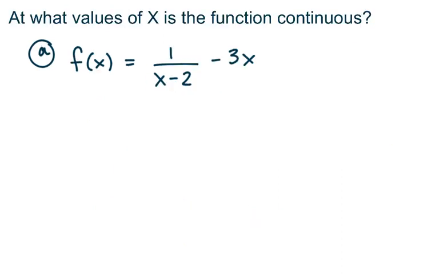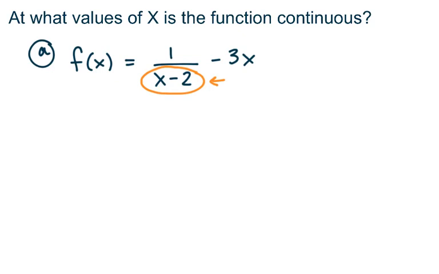So for this example, we're going to say at what values of x is this function continuous? And here we're given the function f of x equals 1 over x minus 2 minus 3x. And really, we know it's going to be continuous everywhere except for where this denominator can become 0.